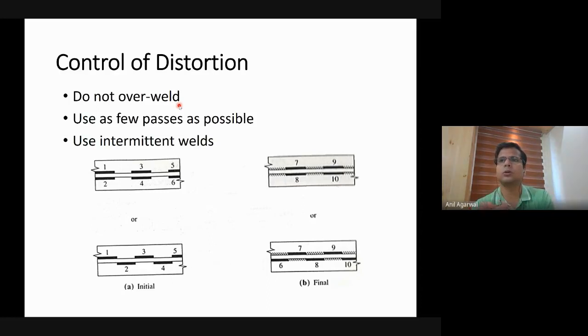Another one is to try to go for as few passes as possible. So for example, let's say you want to do an 8 millimeter fillet weld. Maybe I can draw it here. So this dimension is 8 millimeter. That's how you define the size of the fillet weld.